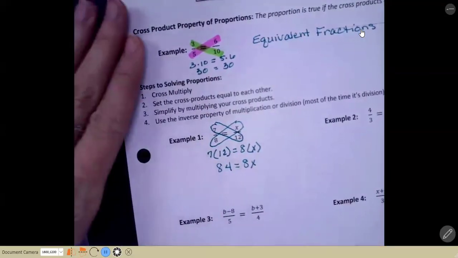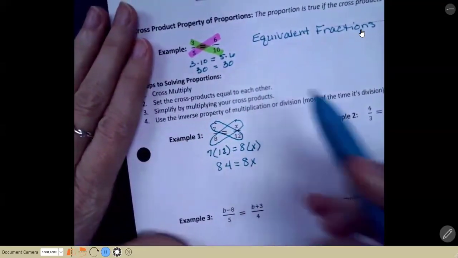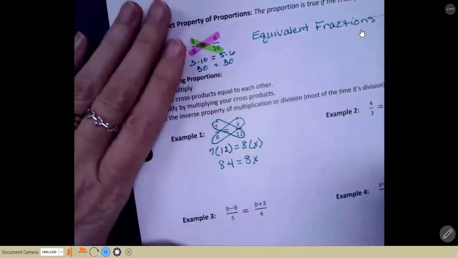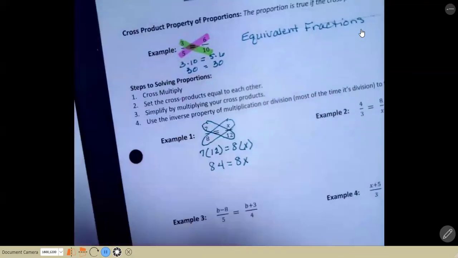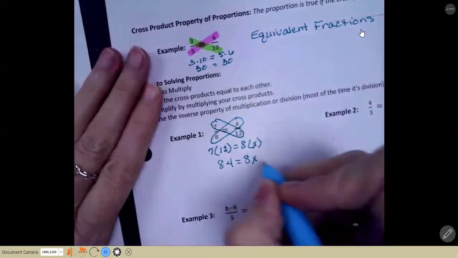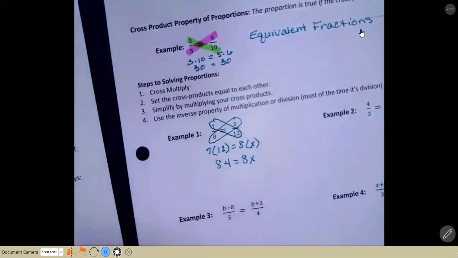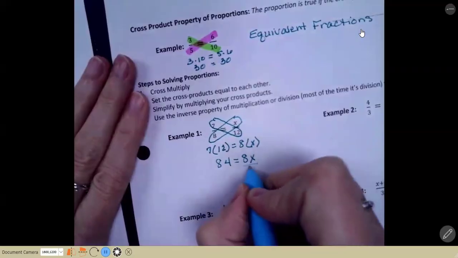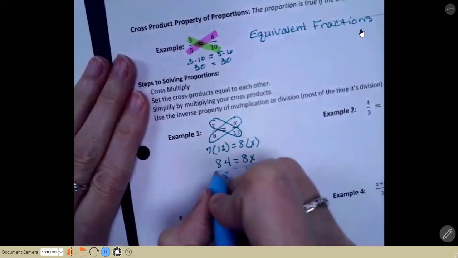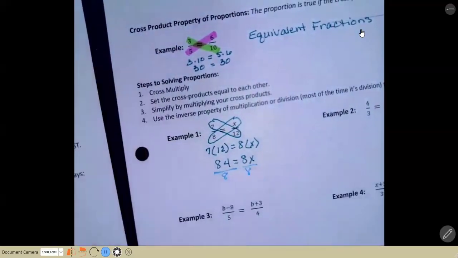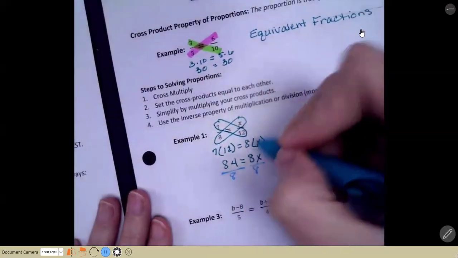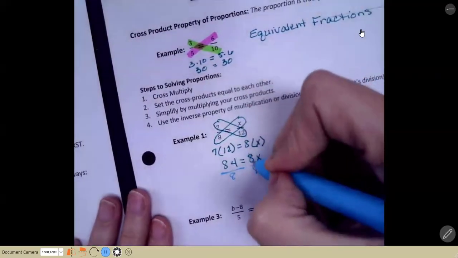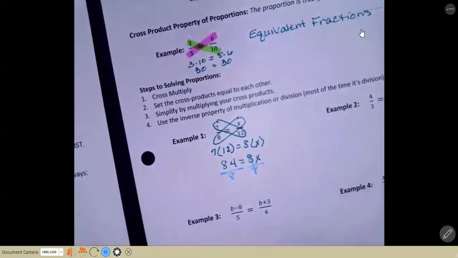Okay? So then, in order to figure out what x is, I have to divide both sides by 8. All right. We know that these cancel out. And then 84 divided by 8 is going to end up being a decimal.